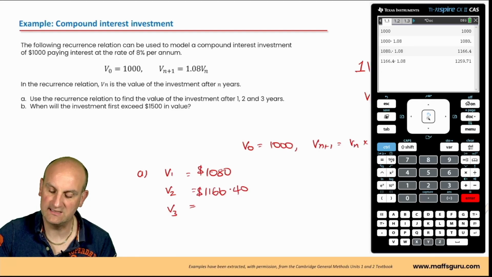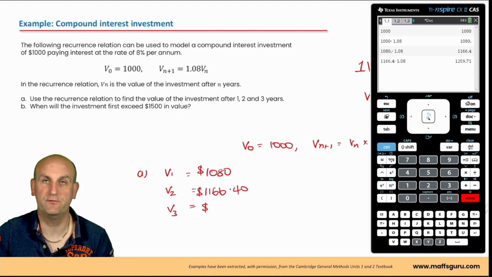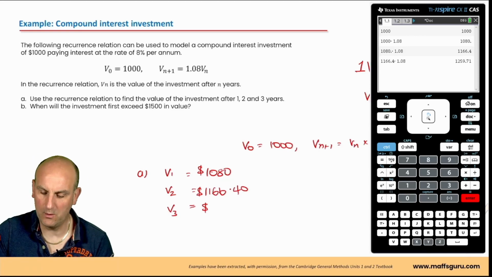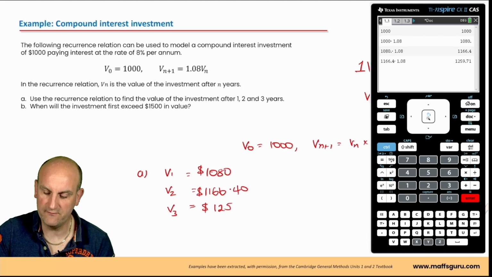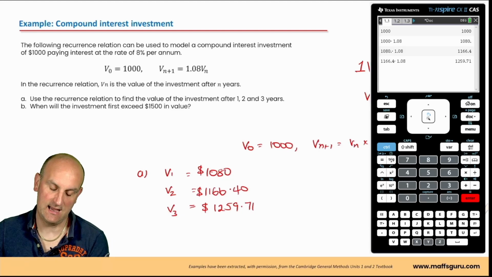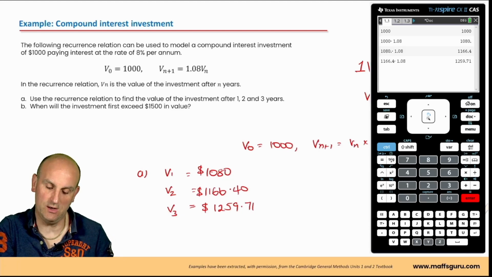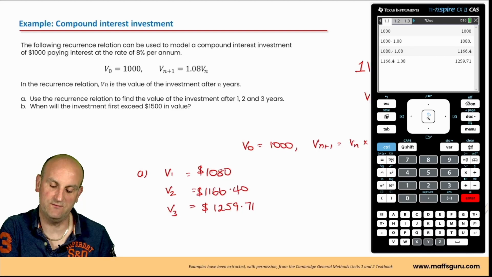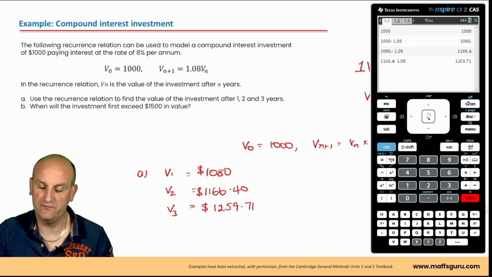I'll put some dollar signs in here because we want to make sure that the examiner understands we know we're dealing with money. And the next one would be 1259.71. All right, so there we go. That's how much is going to be in our account if we open it with $1,000 after 1, 2, and 3 years.